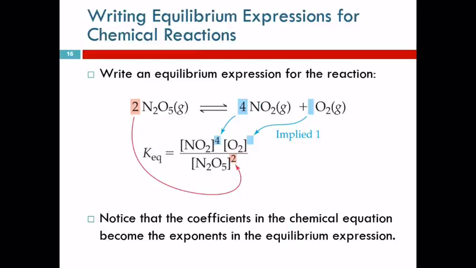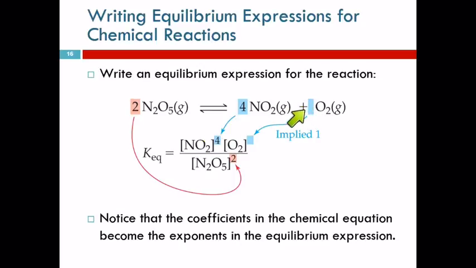So we need to learn how to write an equilibrium expression for a given reaction. If this is our reaction and we need to write an expression to calculate KEQ, we're going to take the product NO2, the concentration of that. There's a 4 for the coefficient, so that concentration is raised to the 4th power.